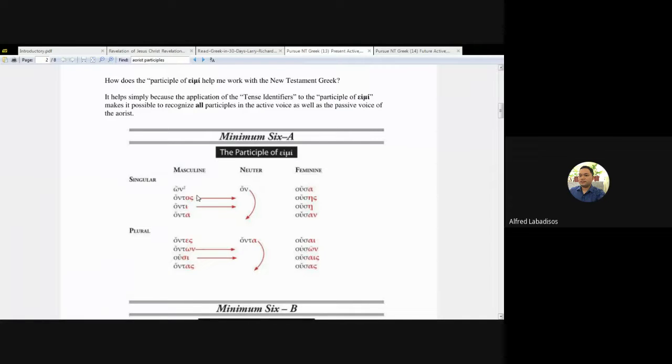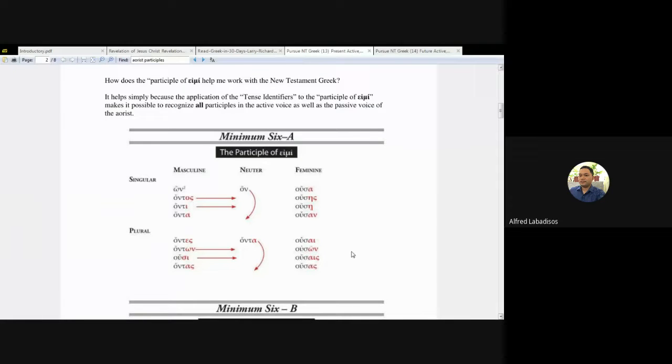For the genitive and the dative, the neuter and masculine have the same endings, and for the accusative, it's still on. For the plural, we have onta, onton, ousi, onta. For the feminine, we have ousa, ouses, ouse, ousan, ousai, ouson, ousais, ousas.